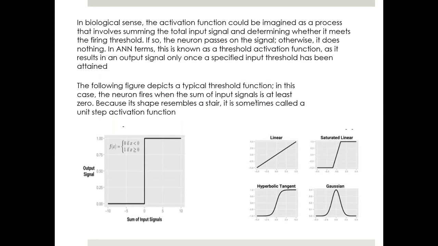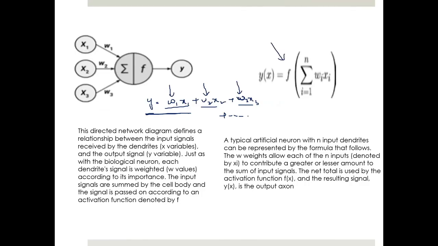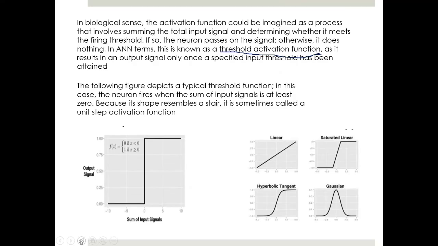So similarly, in an artificial neural network also, we will be coming up with a threshold activation function. That's exactly the function that we are talking about, a threshold activation function which will give you an output. Basically, we are saying that this is the threshold value.